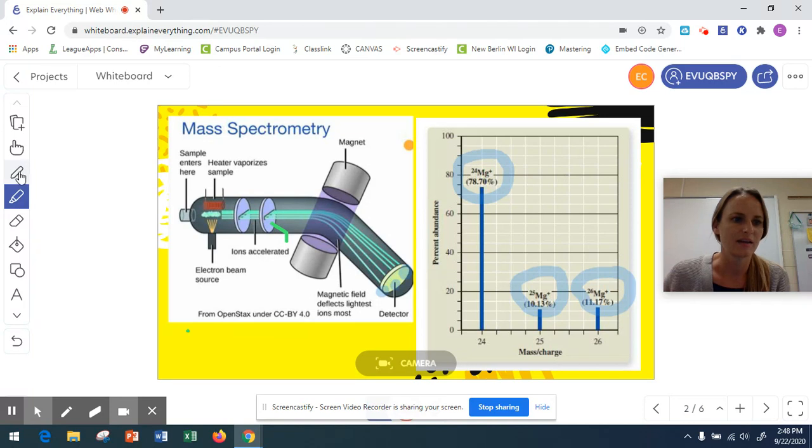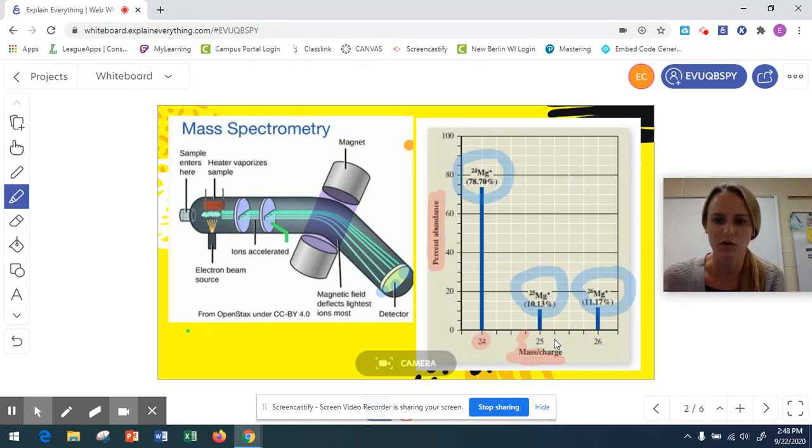And so the data that is spit out from this mass spectrometry experiment is data of abundance. We can see over here on the y-axis, we have percent abundance. This is the amount of magnesium atoms that are hitting the detector. And we can see that this says mass to charge. Often this is just atomic mass.